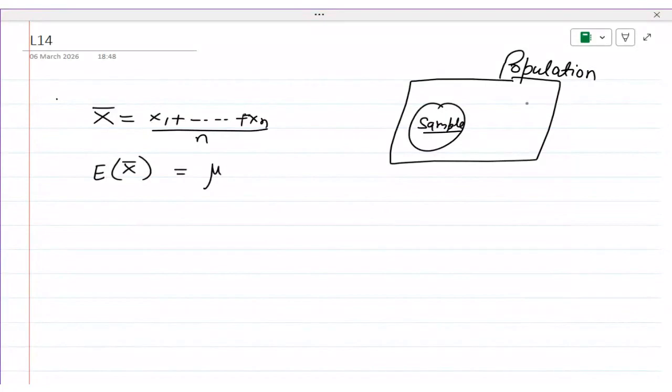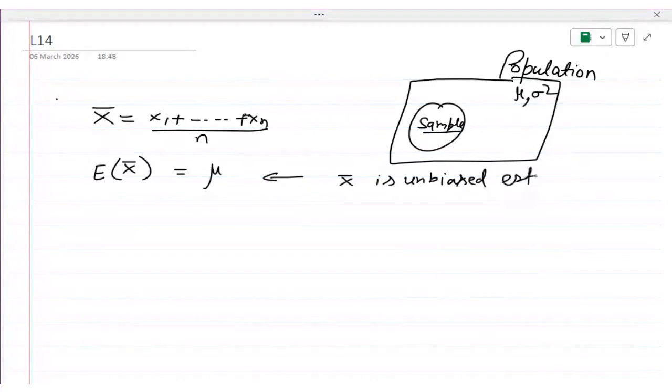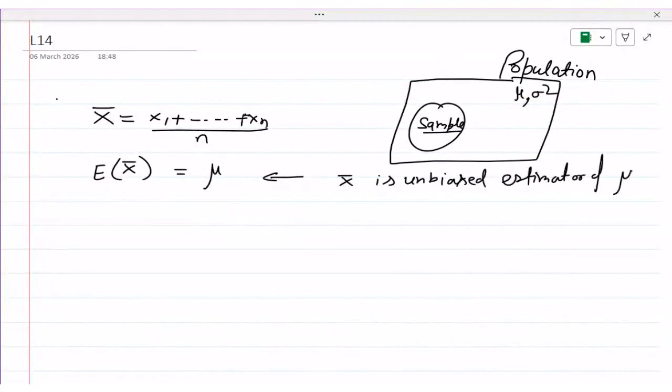Mu is the mean of the population, and sigma square is the variance of the population. And if we find the average of the sample mean, that was also equal to the population mean. So this concluded that x bar is an unbiased estimator of mu.